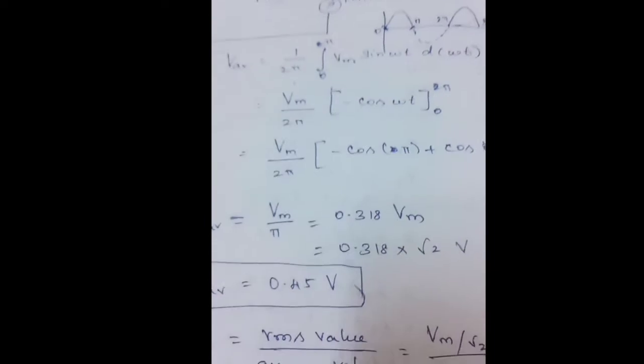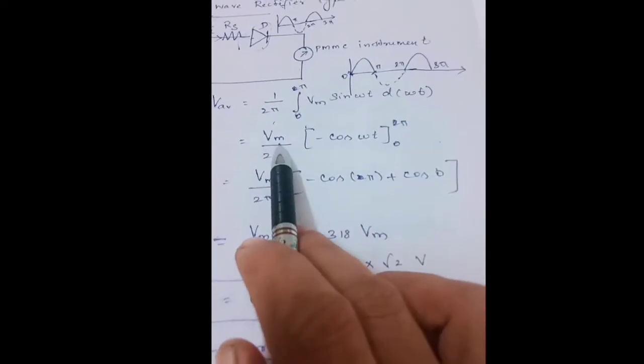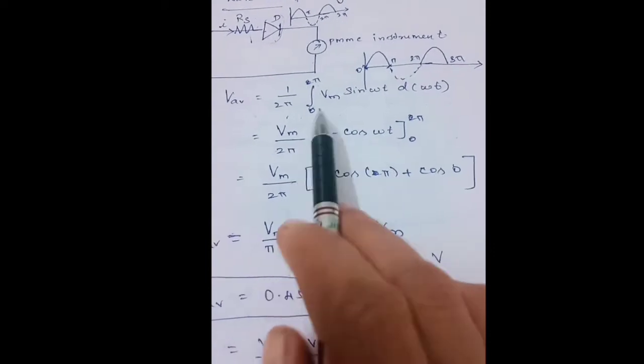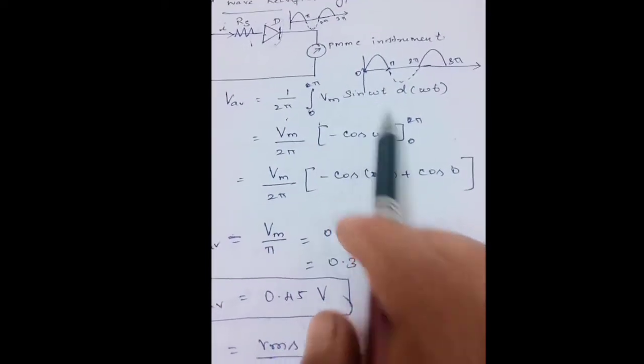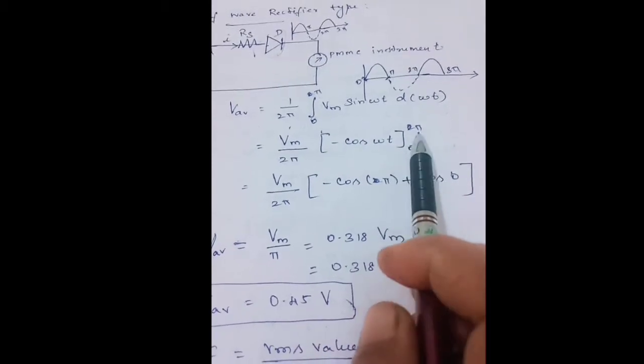That is the AC input. The input entering here is the AC input, so we are going to make use of the equation Vm sin omega t. When we integrate, Vm is constant, take it outside, Vm by 2 pi. Integration of sin omega t is minus cos omega t within the limits of 0 to pi.